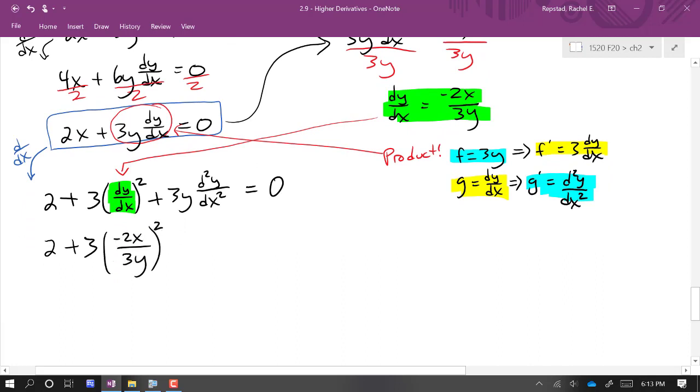That's all squared. Alright, now we're going to do some algebra. I'm going to square out that negative 2x over 3y. So that's 4x squared over 9y squared. Positive, because we're squaring it.